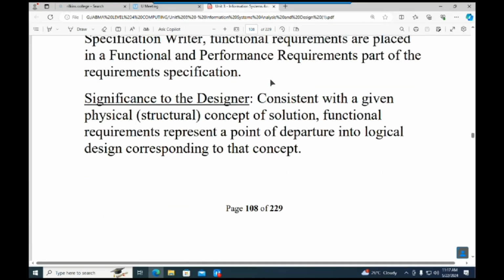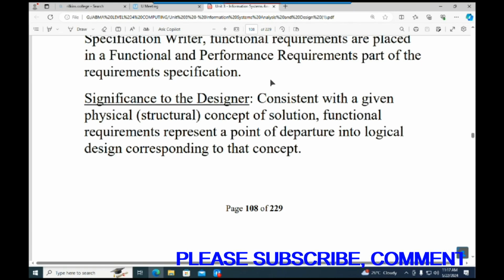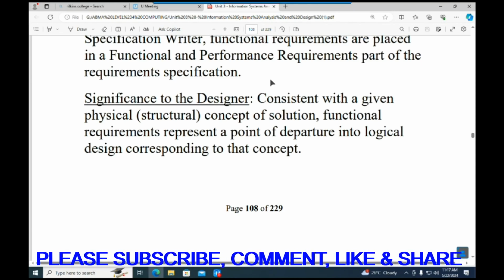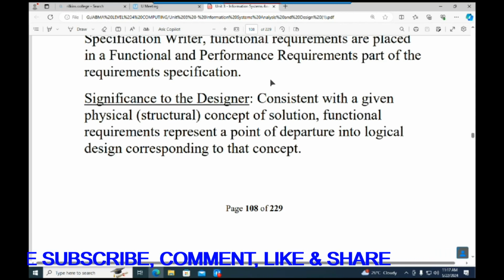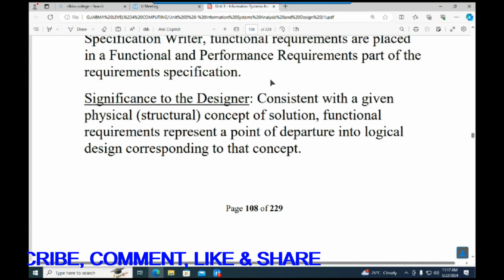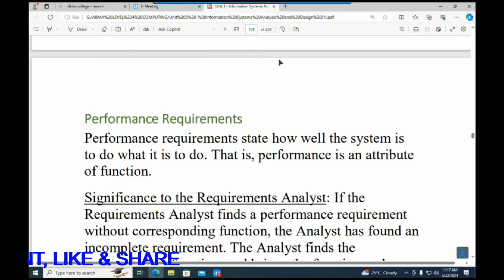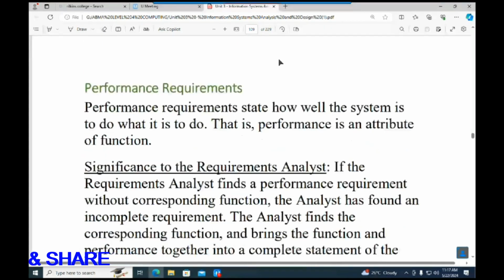Then we also have the designer. So if we need to have a structural solution, then the functional requirements need to be actually present at any point in that logical design. So making sure that the logical design contains all the requirements and corresponds to the requirements at hand.